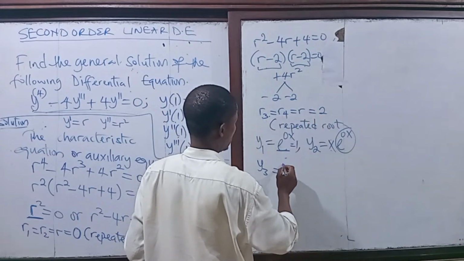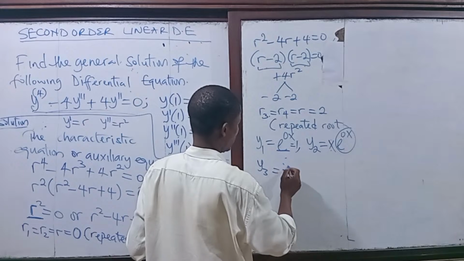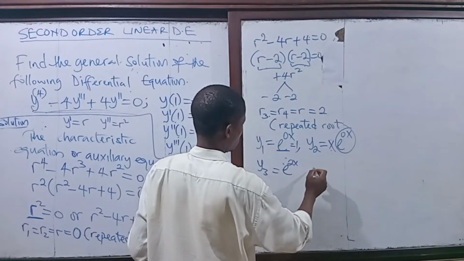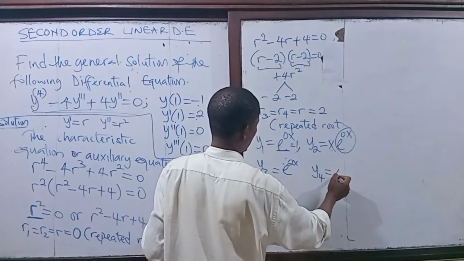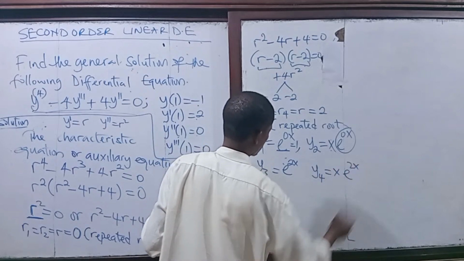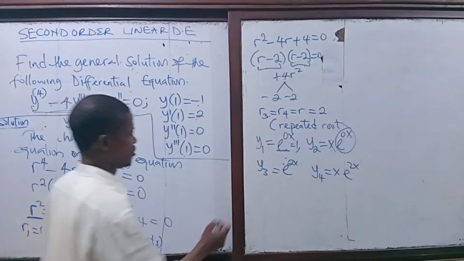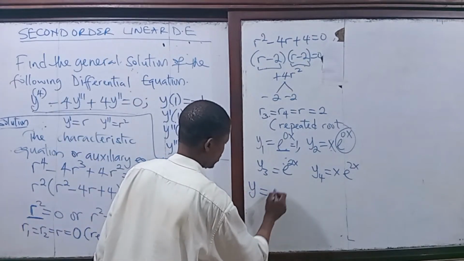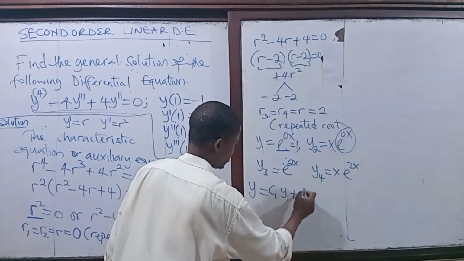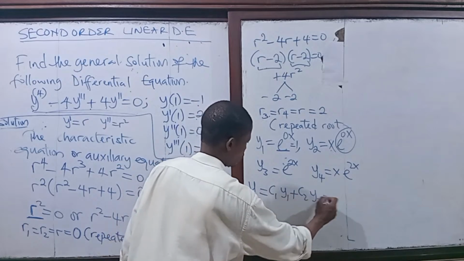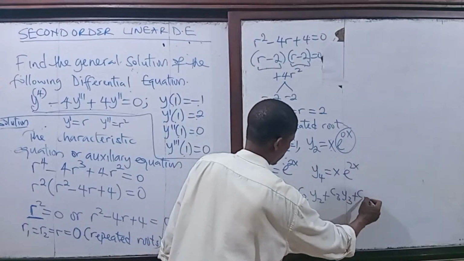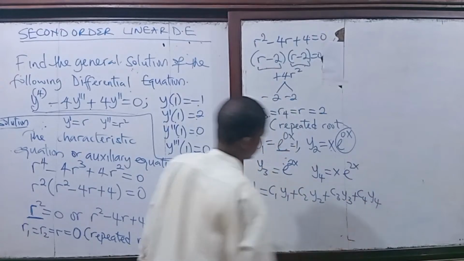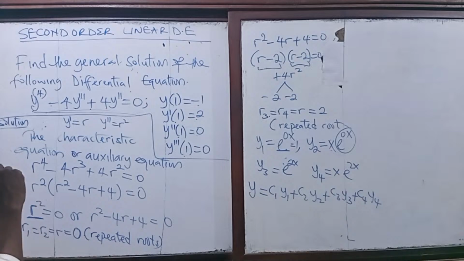So we have y3 equal to e to power 2x, and y4 is x times e to power 2x. Okay, so the general solution is equal to C1 y1 plus C2 y2 plus C3 y3 plus C4 y4. So that's the general solution.